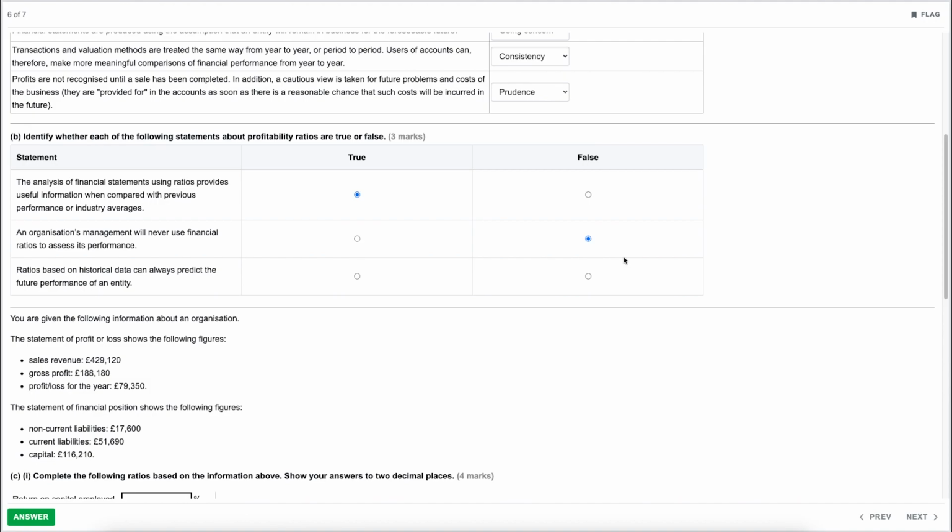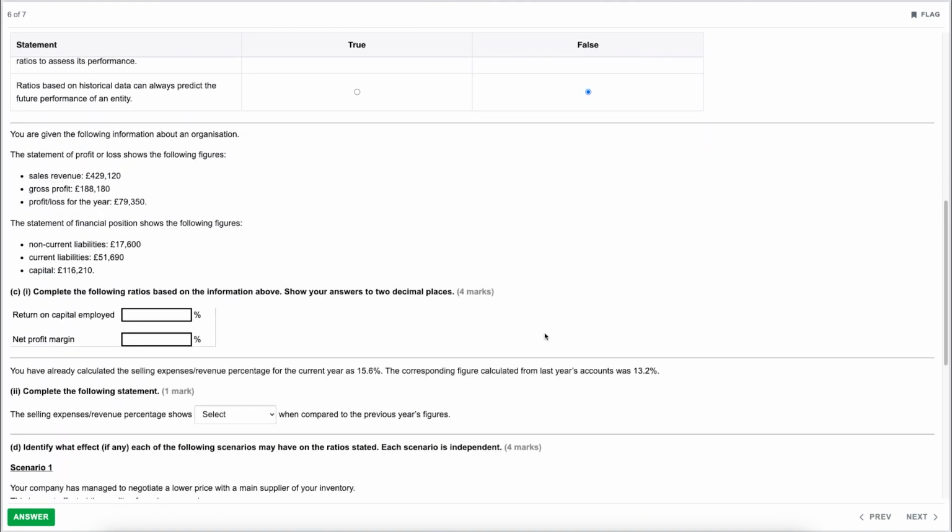Although they are useful and can be helpful when predicting future values, they definitely can't always predict future values. Market turning is so common, even if you think about fashion or particularly technology, it's such a fast-paced environment that you cannot always go off previous performance to be able to predict future performance. So that would also be false.